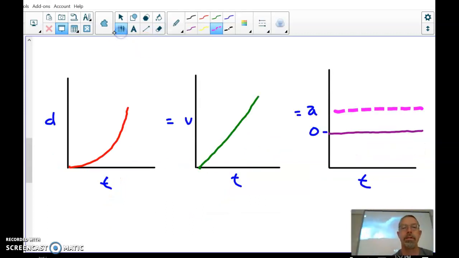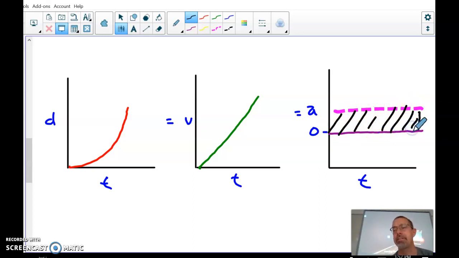Now, one nice equation you get from this last graph right here is that if you recall, let's say that this was the amount of time that this happened, and now I can simply measure the area under this line here, and that is actually going to represent my change in velocity, because this rectangle here, if this is 0 for acceleration, this would be a positive value. My change in velocity here would simply be acceleration times time.